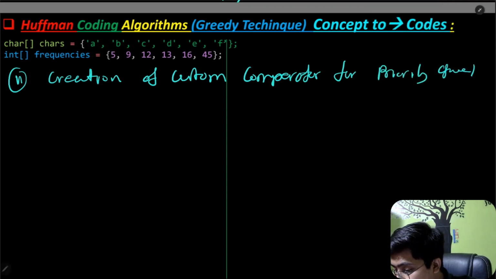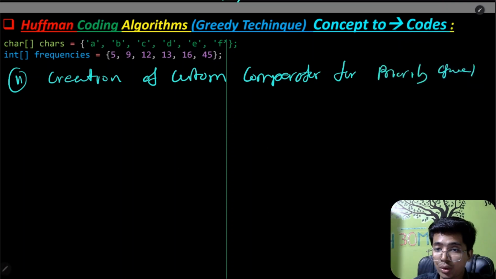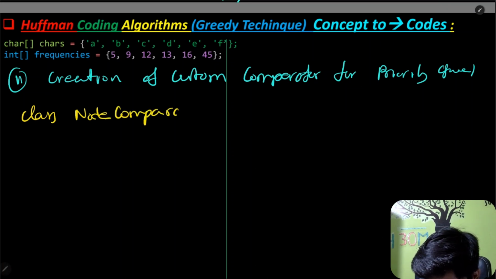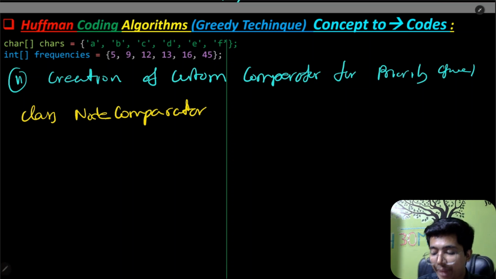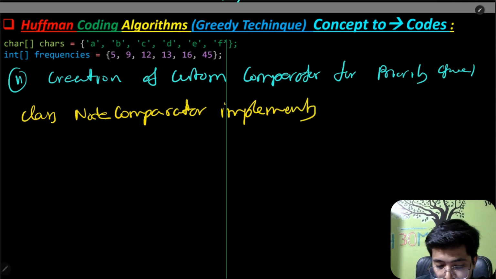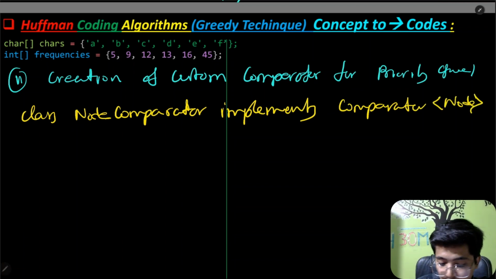So now we'll be creating a comparator class, and that is class NodeComparator. So we'll be writing like this: class NodeComparator implements, because it will be implementing an already pre-existing Comparator interface. So class NodeComparator implements Comparator<Node>.